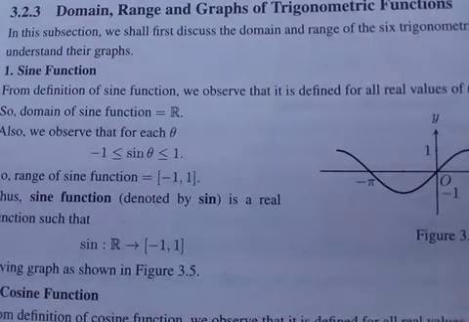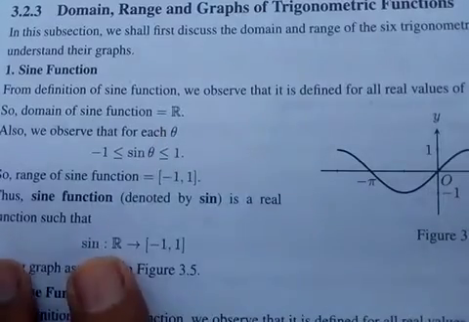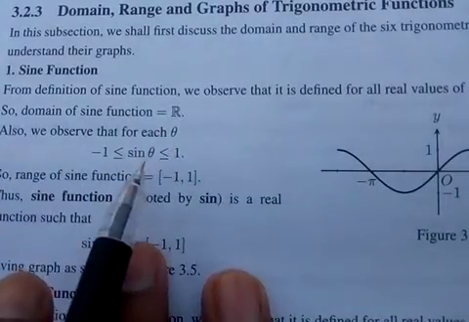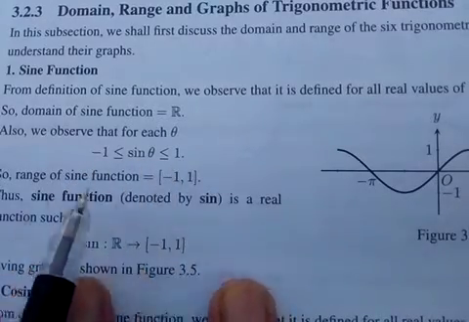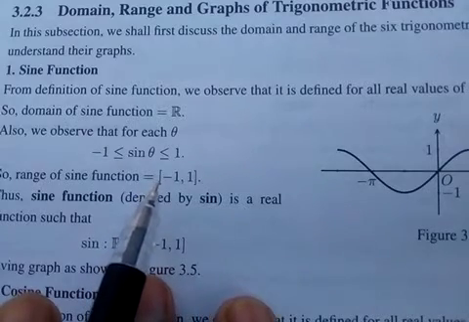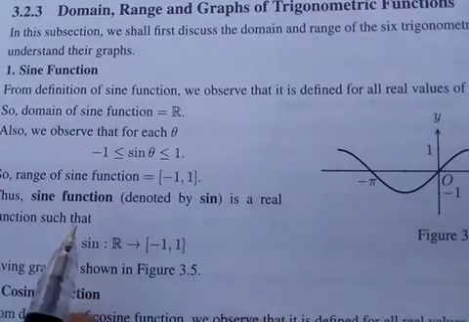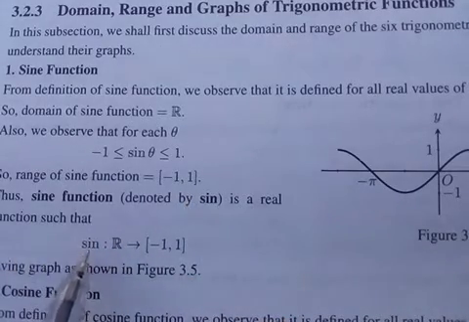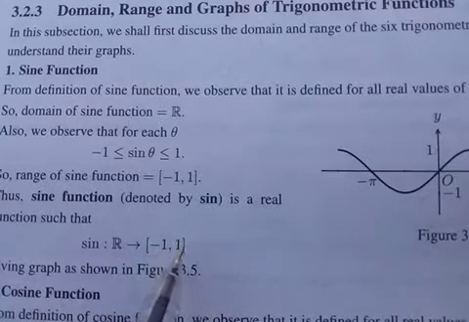So the domain of the sine function is R. Also we observe that for each theta, sin theta is greater than or equal to -1 and less than or equal to 1. So the range of the sine function is the closed interval -1 to +1. Thus the sine function is a real function such that R tends to the closed interval -1 to 1.